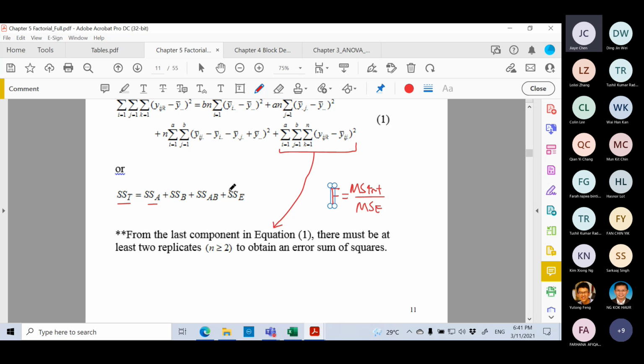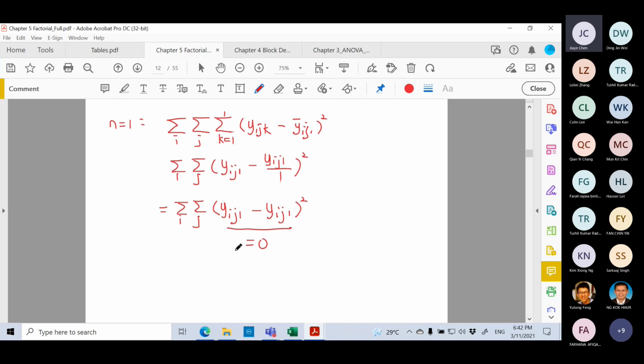So if your MSE is equal to 0, where the SSE is 0, you cannot analyze factor A, factor B, or factor AB anymore because you do not have this component. Therefore, your n must be at least 2 onward. This is the reason I have mentioned it to you.